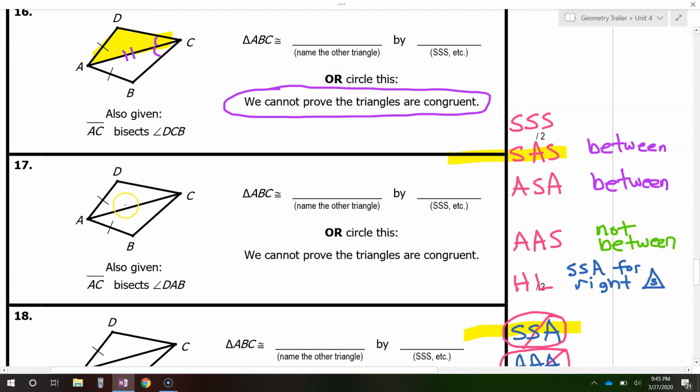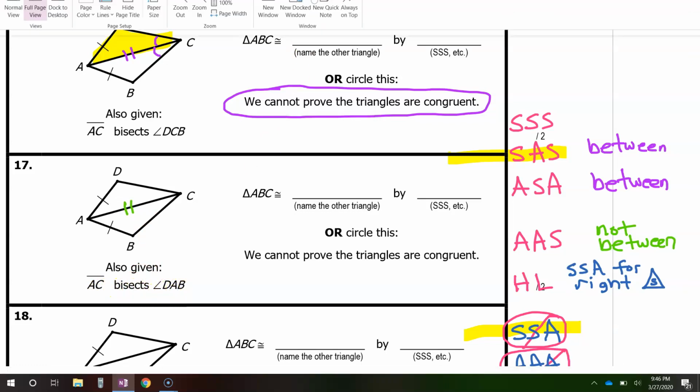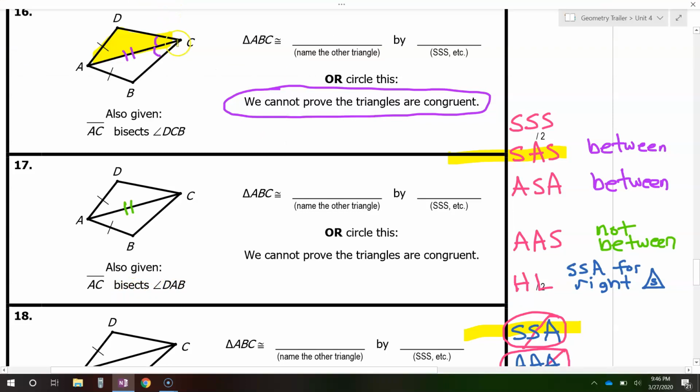Okay, let's go ahead and mark the shared side again. This time, AC bisects angle DAB. That changes things. DAB is this angle over here. DAB.